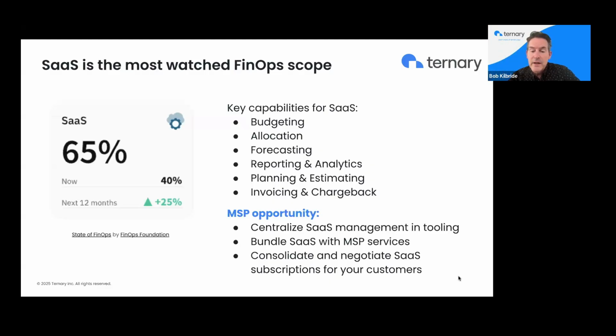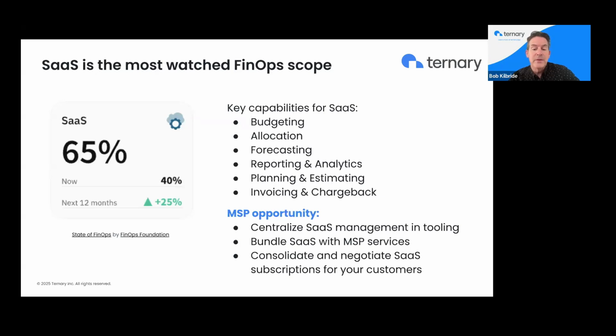So when you're having a conversation about FinOps services, cloud cost management services, include the conversation around SaaS and other cloud services. What else makes up your cloud footprint beyond the big three CSPs? And include that in part of the service that you're providing.